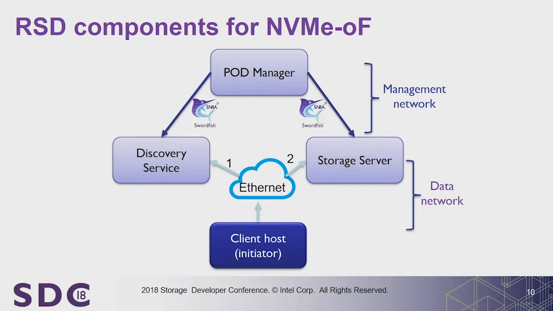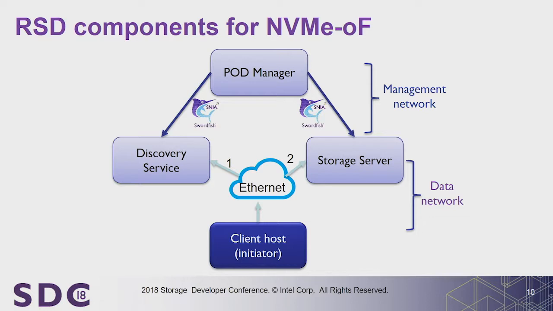What is the management interface? So the discovery service, as defined by the spec, exposes an endpoint on the RDMA stack. But what RSD does is provide another mechanism, which is a Redfish-based API that the pod manager uses to configure the discovery service.